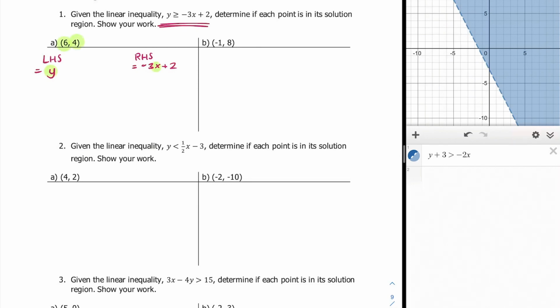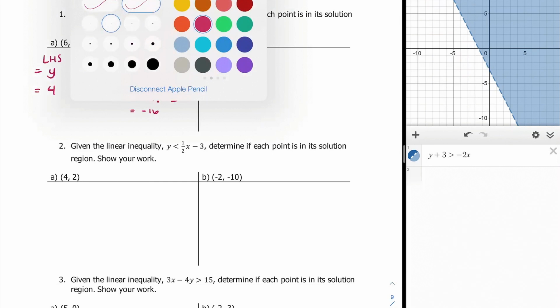Now, like I said, we are going to plug in the 6 every time we see an x. We're going to plug in a 4 every single time we see a y. So here we see a y, so we're going to plug in a 4. Here we see an x, we're going to plug in a 6. And we are going to get both sides to give me one final number. So this will give me negative 18 plus 2, which is negative 16.